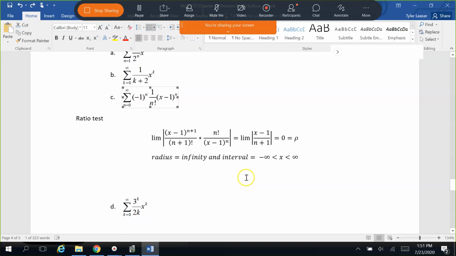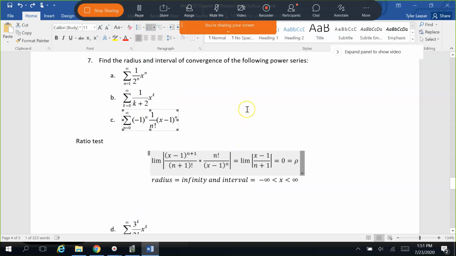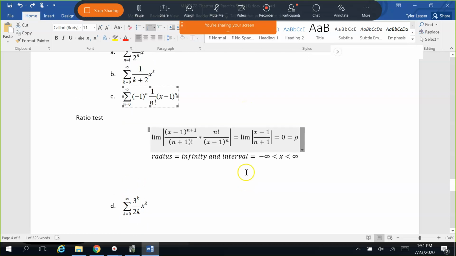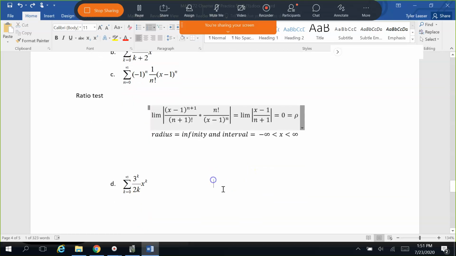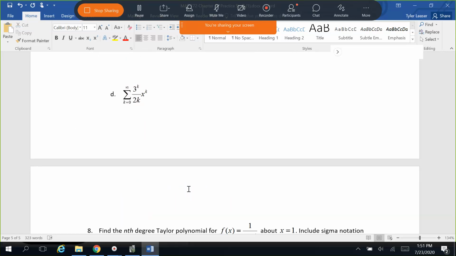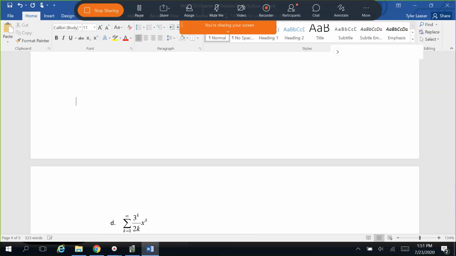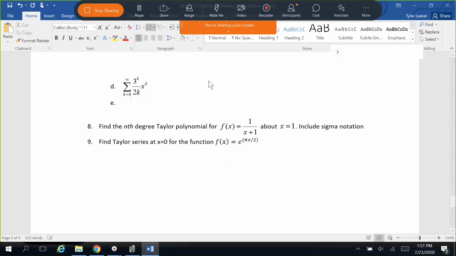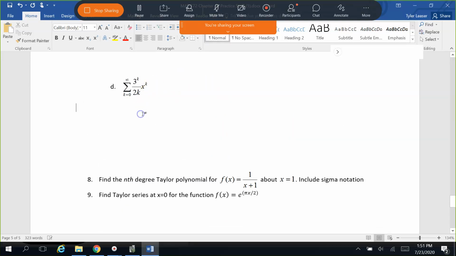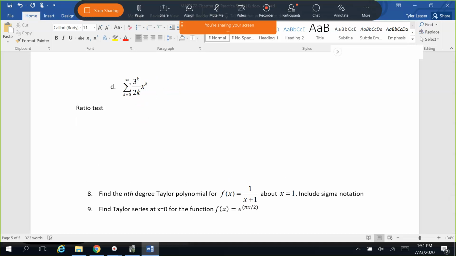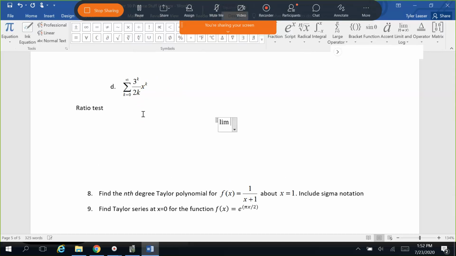Let's do maybe one more. Let's just do D. So again, it's asking us for the radius and the interval of convergence. We're going to do the ratio test. The limit of the absolute value. We're going to do the k plus 1 term.